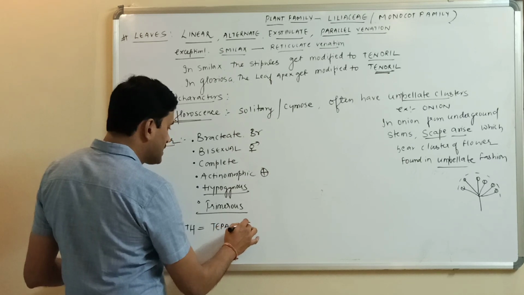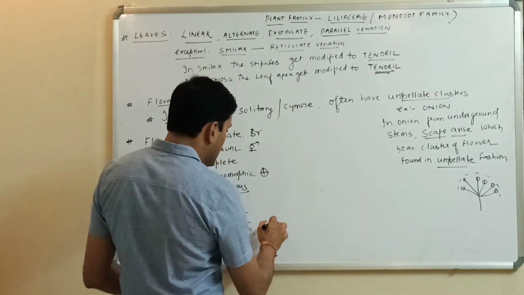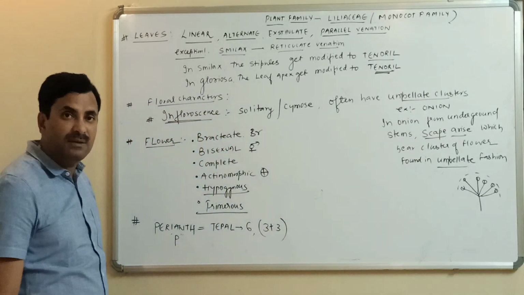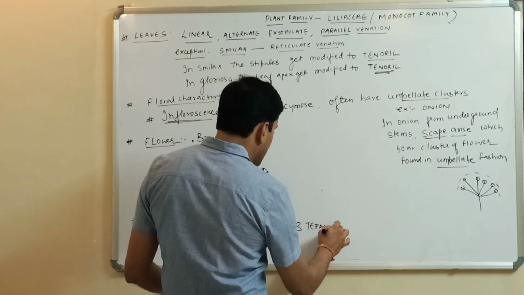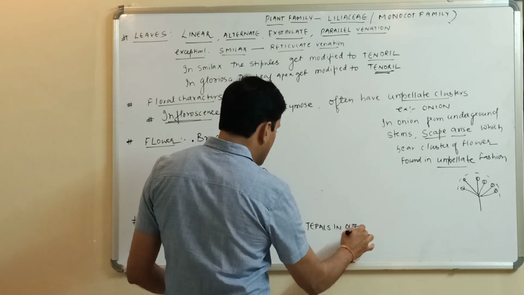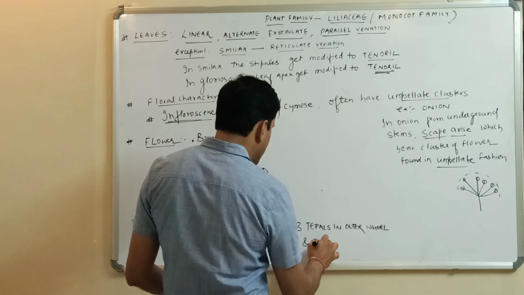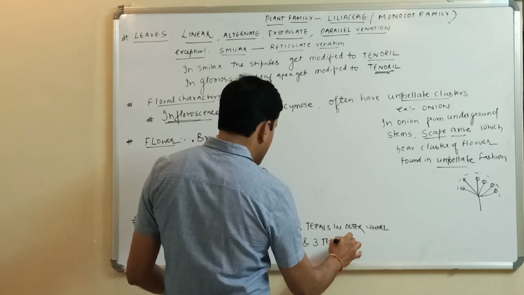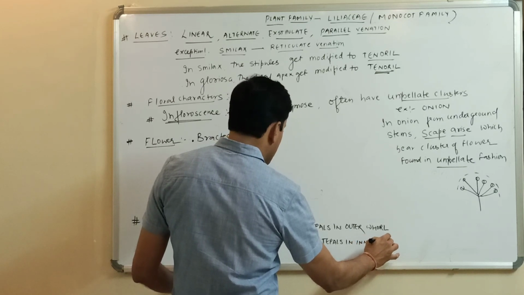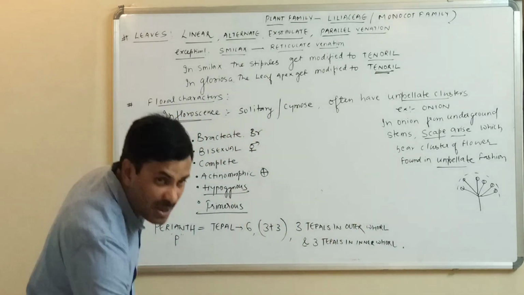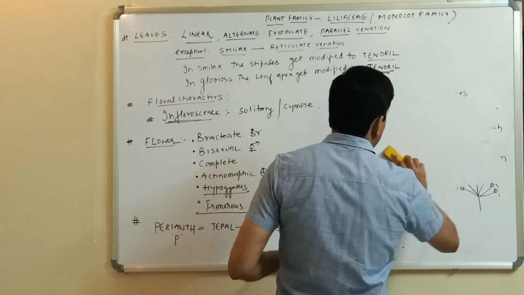The number of tepals is 6, but the 6 tepals are found in 3+3 arrangement, and they are fused together. 3+3 means 3 tepals in the outer whorl and 3 tepals in the inner whorl. So how many tepals are there? 6 tepals are there, okay, which is the feature of this family.